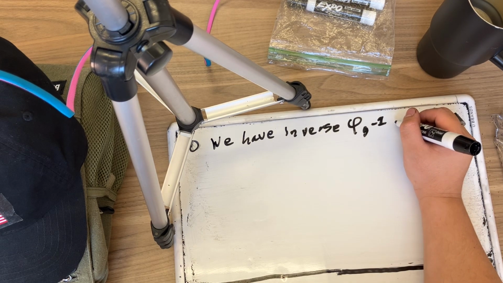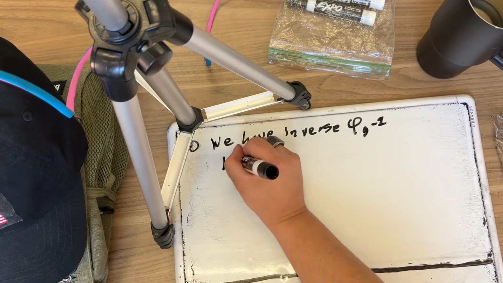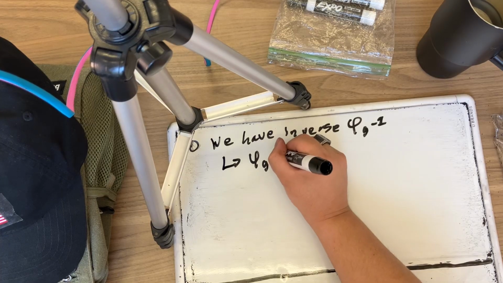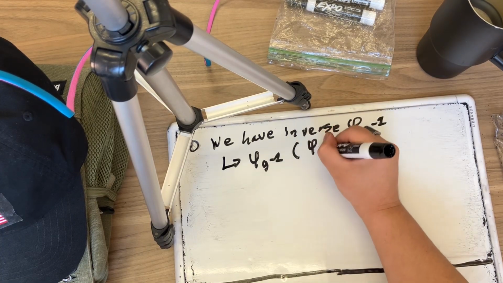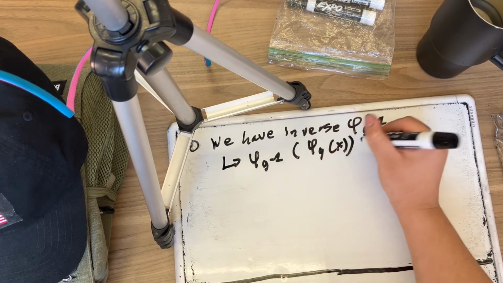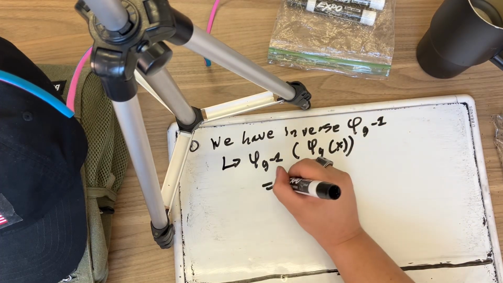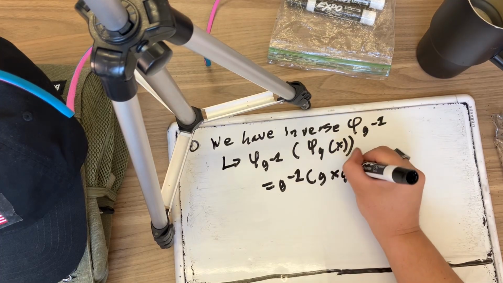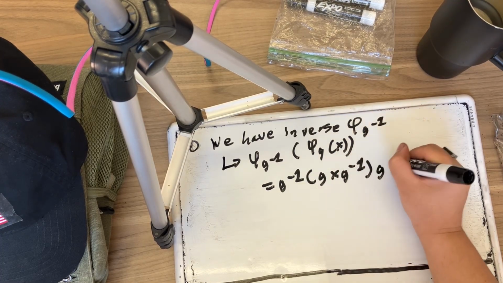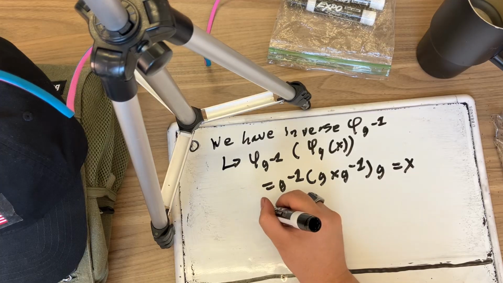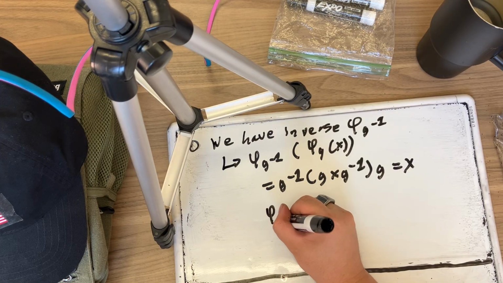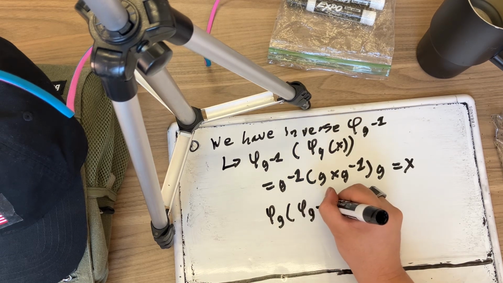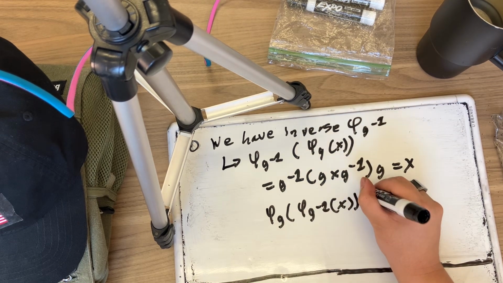And what does this mean? Well, phi sub g to the negative 1 of phi sub g of x, what's that equal to? Well, that's equal to g to the negative 1, open parentheses g x g to the negative 1, close parentheses, g, which is equal to x. And phi sub g of phi sub g to the negative 1 of x, well, what's that equal to?